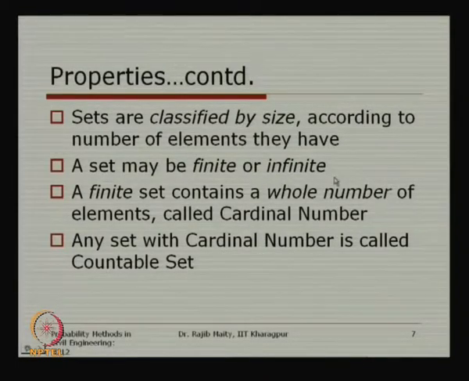An infinite set is one where we cannot count, or the number of elements is infinite. Sometimes another term is used, countably infinite: it can be countable, but infinite in number. That size of set is known as a countably infinite set. So these are all the basic concepts that will be useful to understand the other properties and operations of sets.